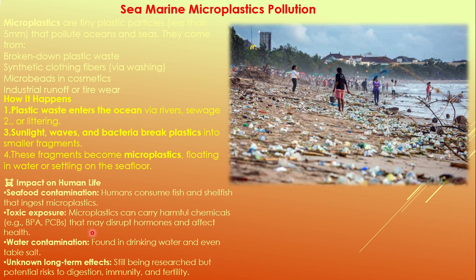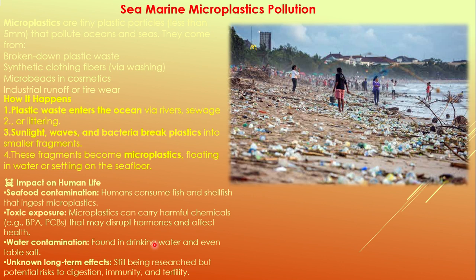Another thing is water contamination. Microplastic is found in drinking water, even in table salt, because salt also comes from the sea. This is very dangerous for humans. We have to stop single use plastic and save the earth and human life.